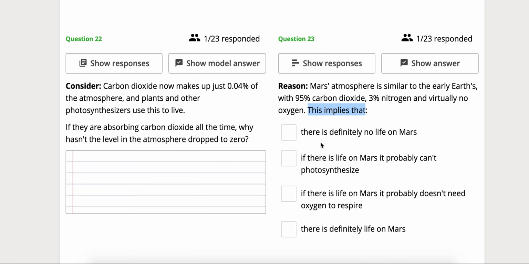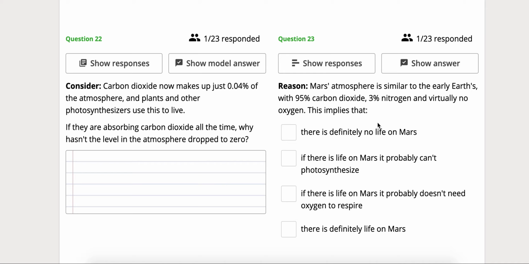Do we know that there is definitely no life on Mars? Do we know if there is life on Mars, but it probably can't photosynthesize? Keeping in mind how much carbon dioxide and oxygen there is on Mars. If there is life on Mars, it probably doesn't need oxygen to respire. Once again, look at the levels of carbon dioxide and oxygen. And lastly, there is definitely life on Mars.